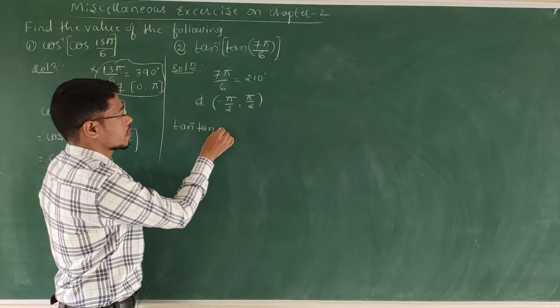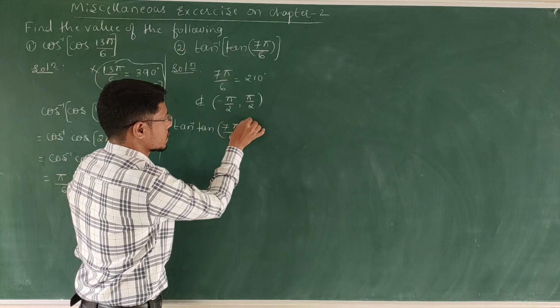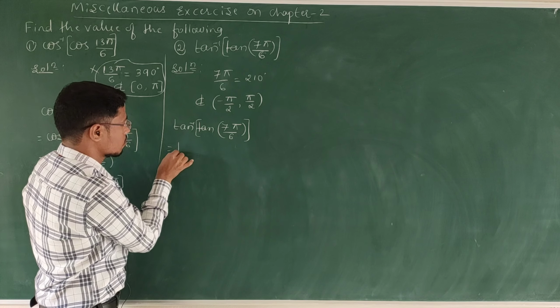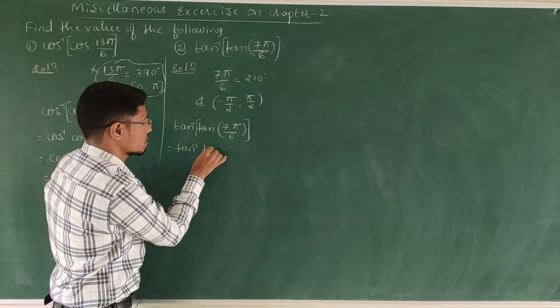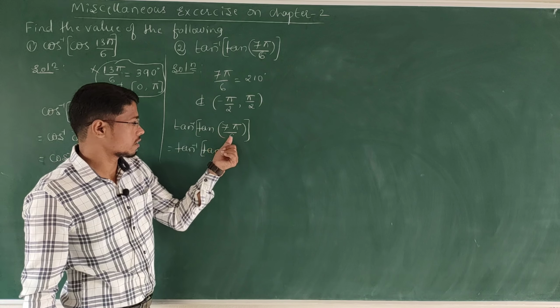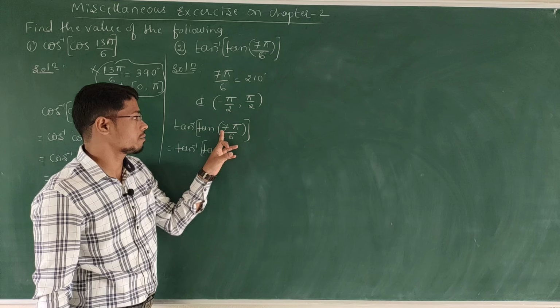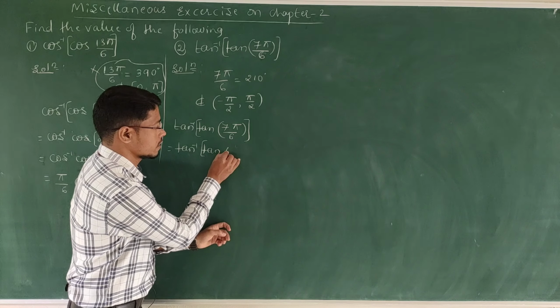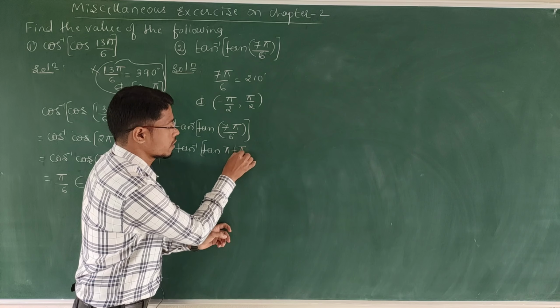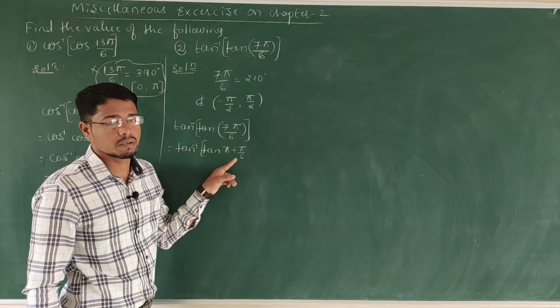Tan inverse of tan 7 pi divided by 6 is equal to, keep tan inverse and tan as it is. The change in this: 7 pi is there, 6 plus 1 will be 7, so pi plus pi by 6. This is the third quadrant, 180 plus theta.